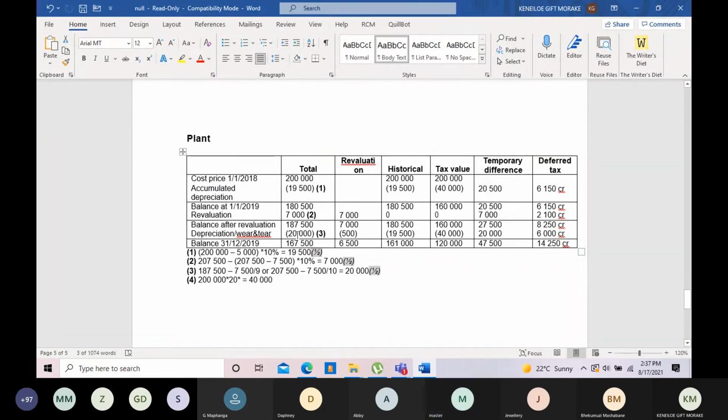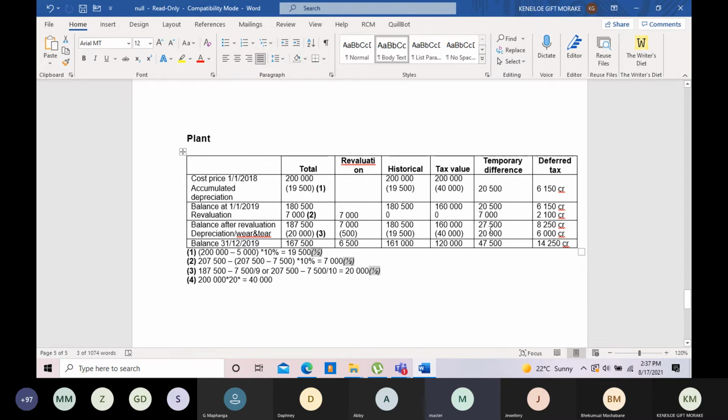This one, 20,000 minus the 40,000, you get 20,000, of course. 167,500 minus 120,000, you're going to get 47,500. And you can also get this amount by saying 27,500 plus the 20,000, you're going to get the 47,500. You have to get this amount to prove this one.